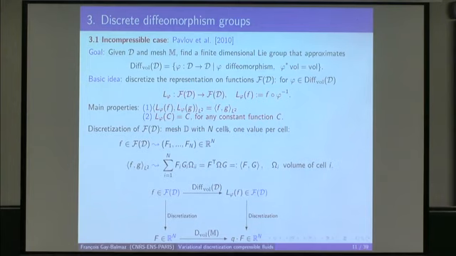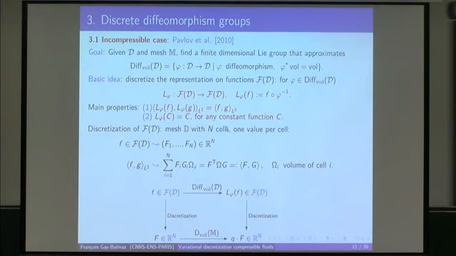So as I said, here I'm interested in fluid, but if you have variational problems on diffeomorphism groups, and you think that it would be important for your problem to do the discretization in a geometric way, this is one way to go. So let's review the incompressible case.